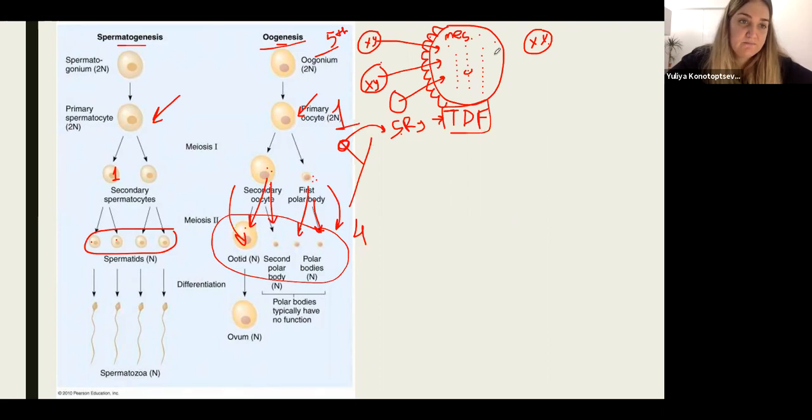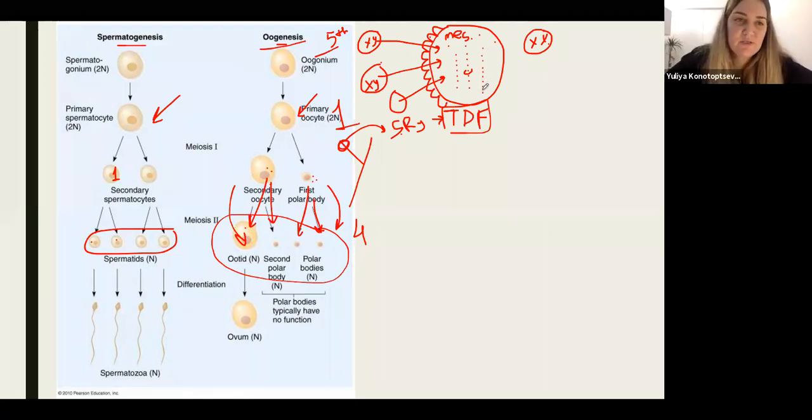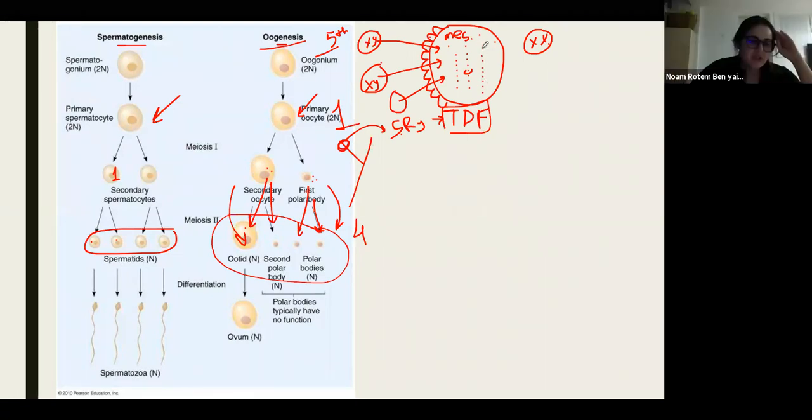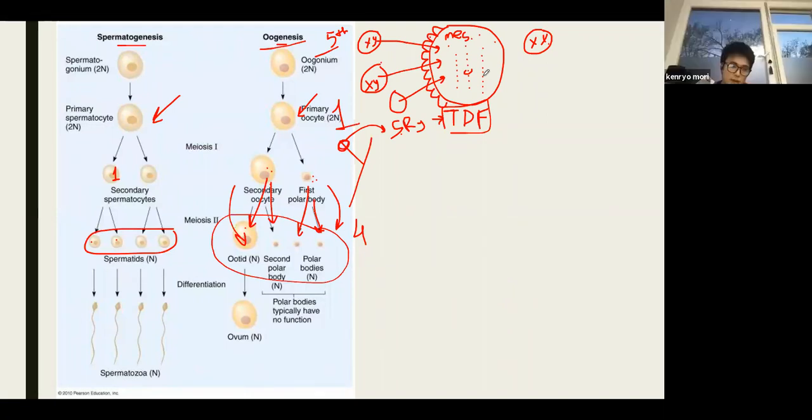Is this part clear? So quickly, how do you call this? What is this? Cord. A cord. It's a sex cord, and the sex cord is consisting of PGCs. If this sex cord persists, these PGCs in it have Y chromosomes.